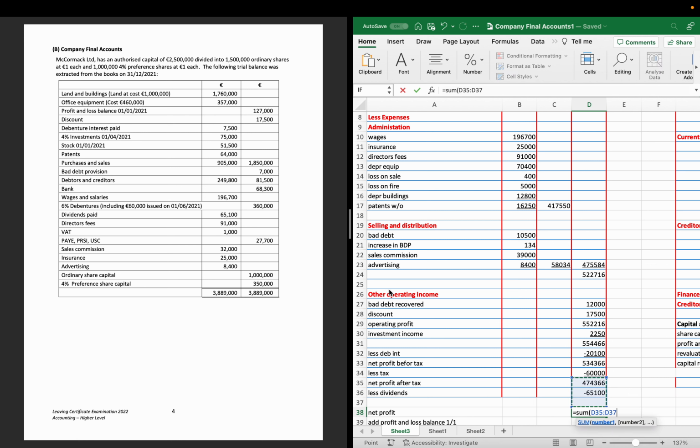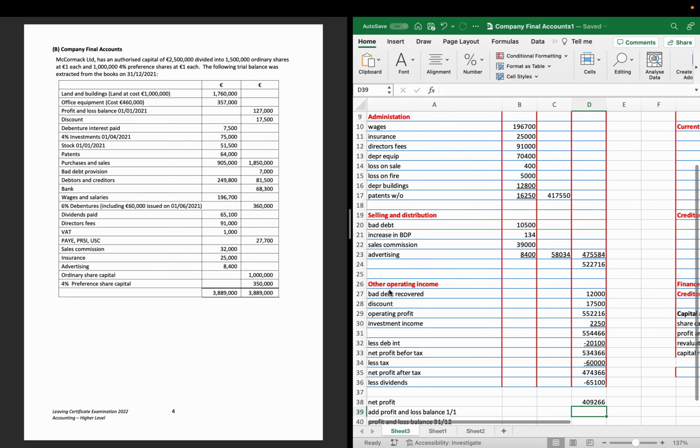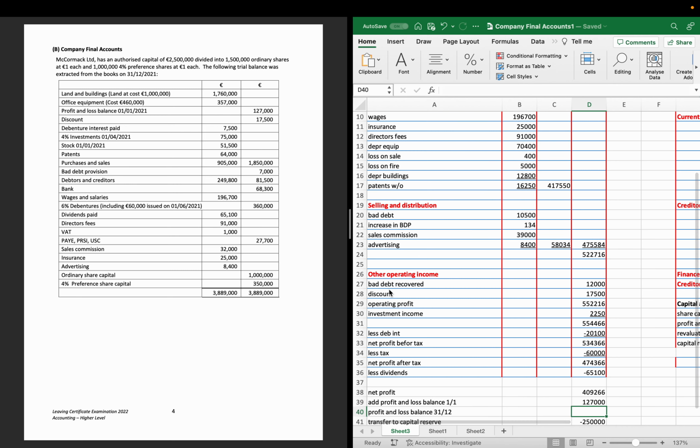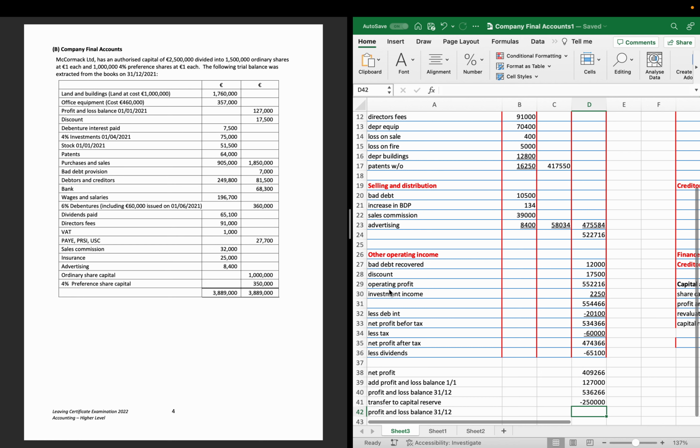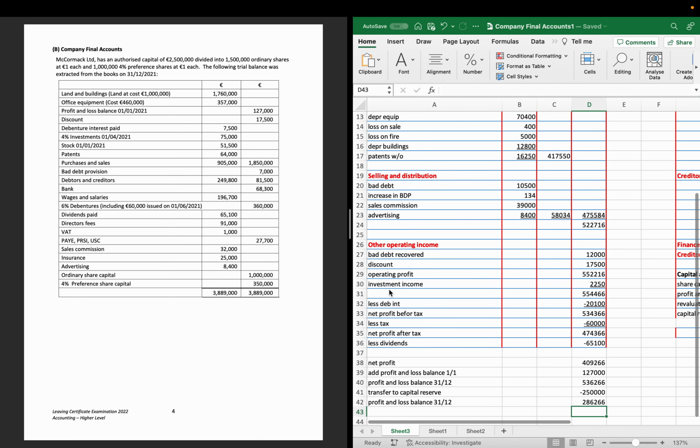That gives you 409,266. Now from that, you have to add on your profit and loss balance of 127, and then take away or transfer to the reserve. And that will give you your revenue reserves, your profit and loss balance, so 286,266.